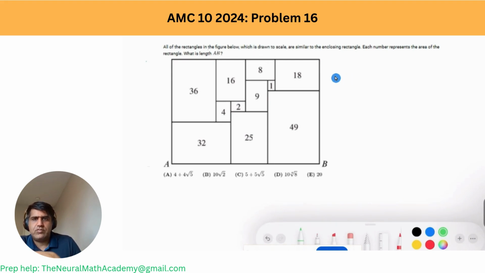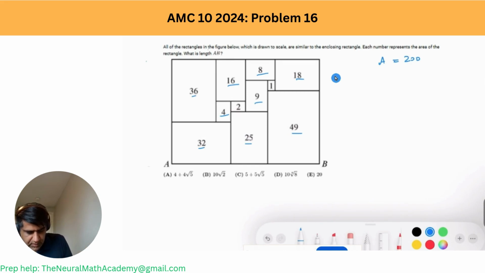So that will allow us to write the ratios of the corresponding side lengths equal to the square root of the areas. So first we will calculate the total area for this larger rectangle by summing up these areas. So if we solve, then we get area equal to 200 unit squares.